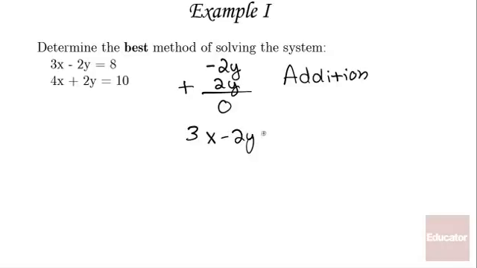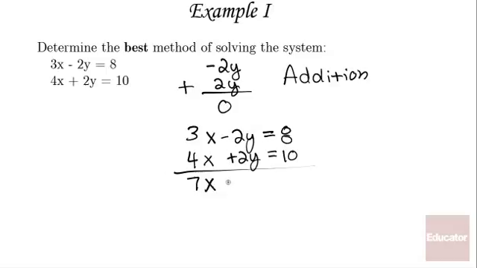And just to show you a few steps of how that would work, 3x minus 2y equals 8. 4x plus 2y equals 10. That gives me 7x, and then I'm going to see that my y's are going to drop out. 8 plus 10 is 18. I'm going to end up with x equals 18/7.